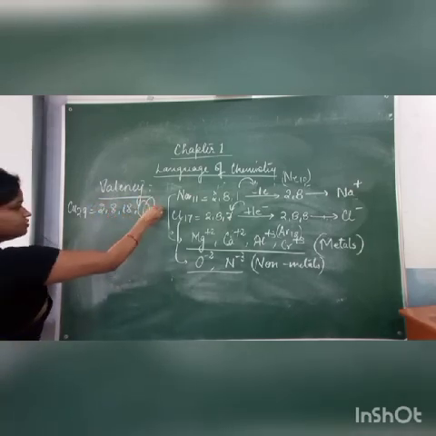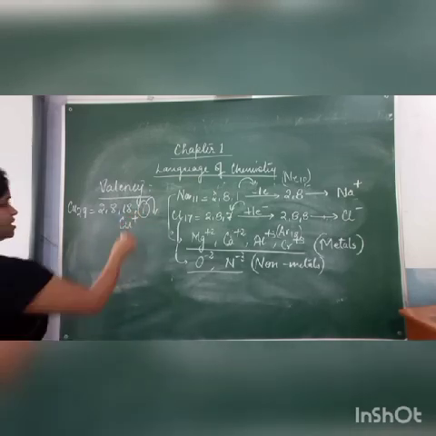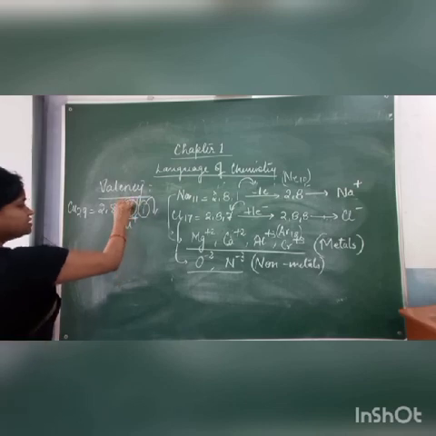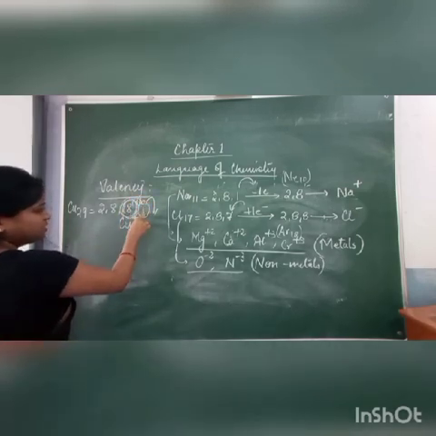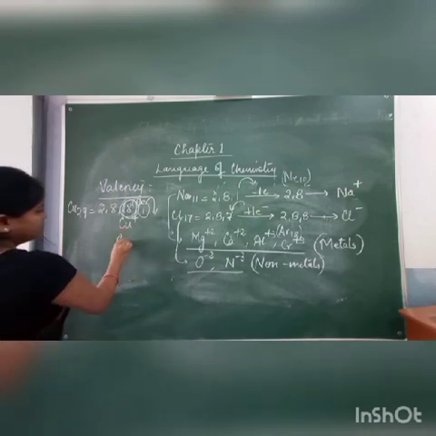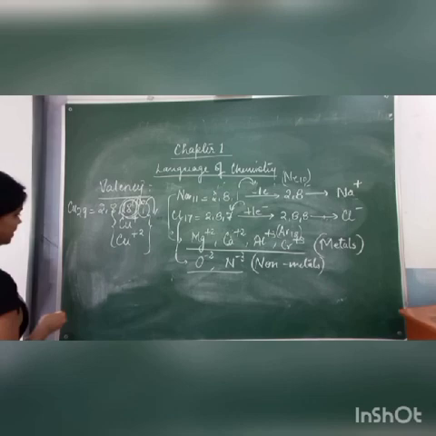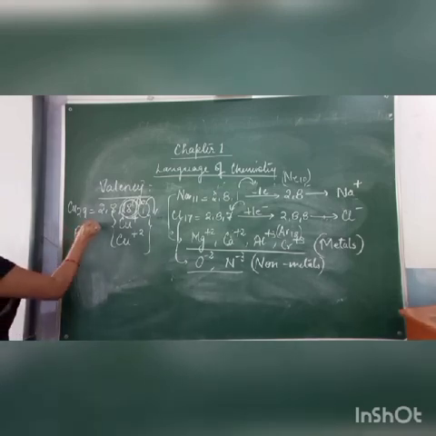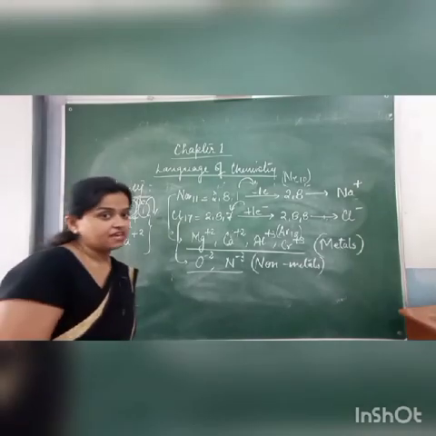From here one electron comes out, and the charge will be +1. But in some cases this 18 also gives 1 electron, leaving 2, and in that condition copper has a +2 charge. Similarly, one more example: iron +2, iron +3. So these are some examples of variable valency.